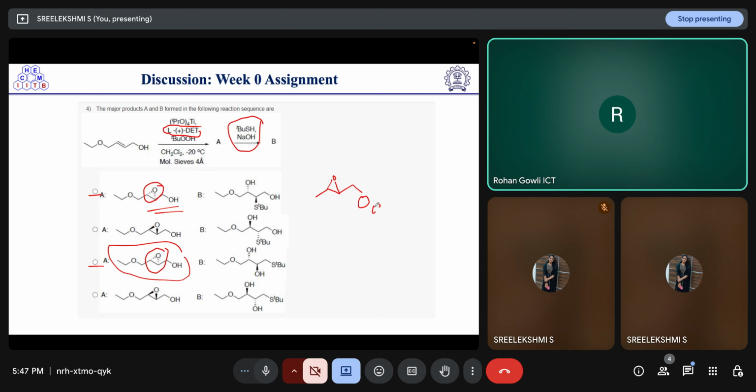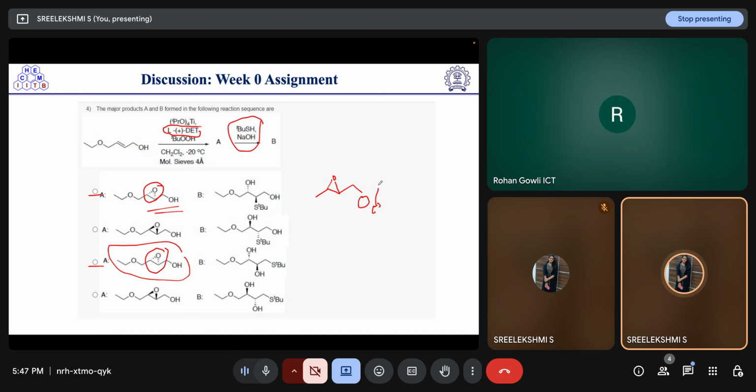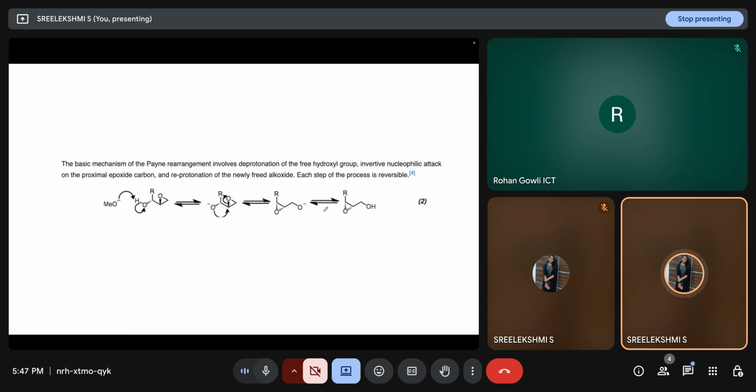Then this O minus can attack and open this epoxide. So it will attack over here and this epoxide will open, and we will get this kind of intermediate, and here this O minus will come. Is it clear? I will show it better.